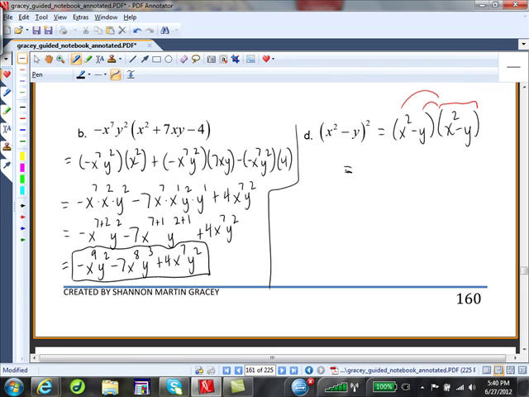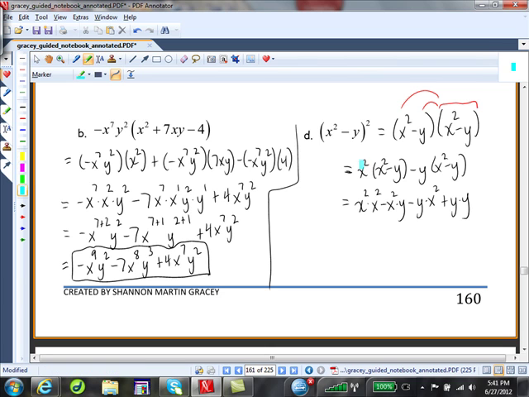And then we will have x squared times x squared minus y minus y times x squared minus y. This will be x squared times x squared minus x squared times y minus y times x squared plus y times y.